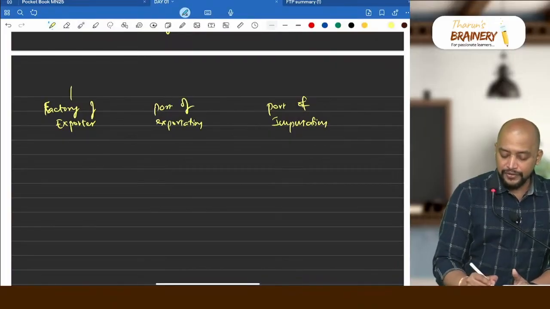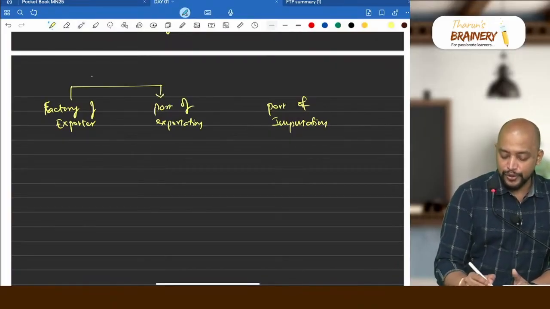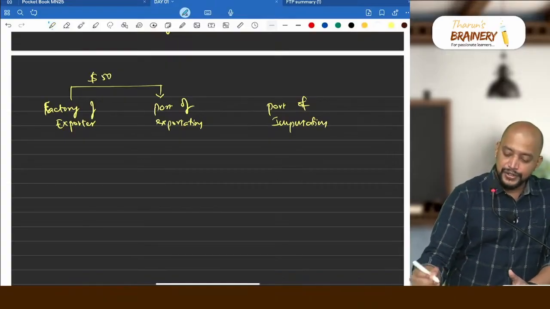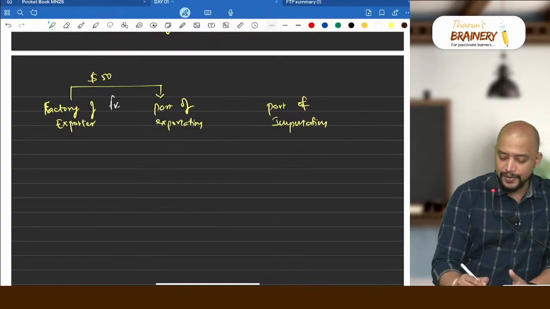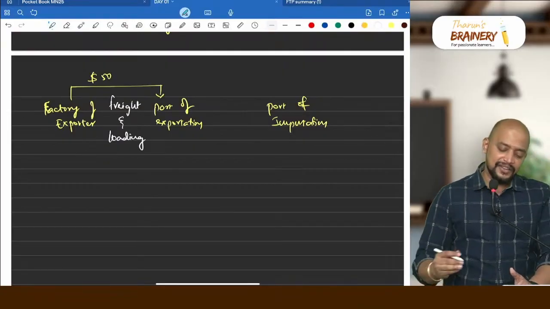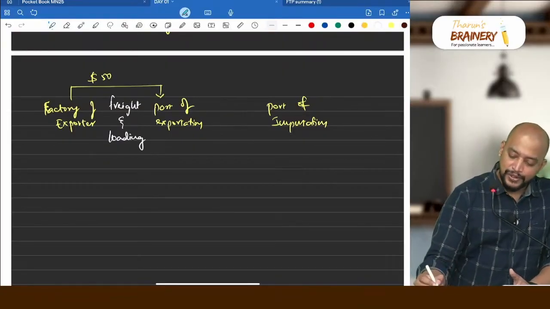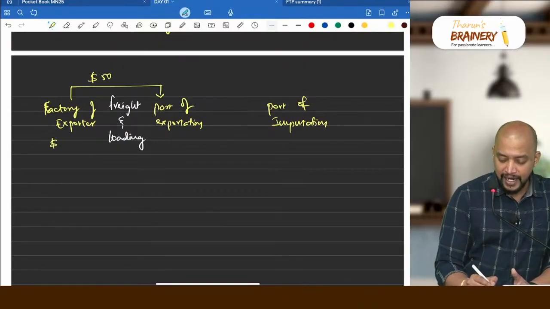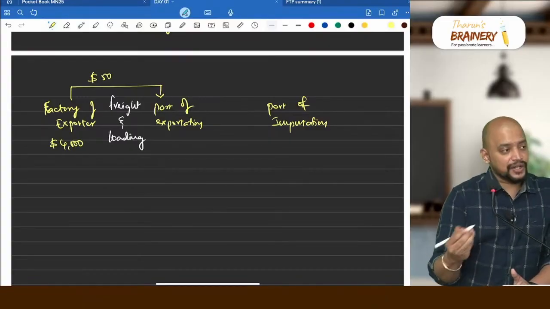From the factory of the exporter to the port of exportation, there is some $50 as the freight and insurance, or loading. At the factory of the exporter, we have somewhere like $4,000 as the ex factory price.